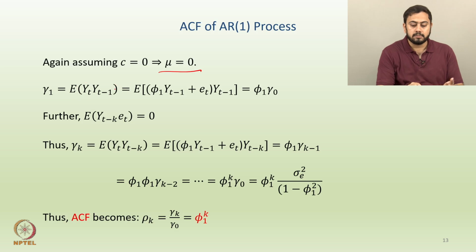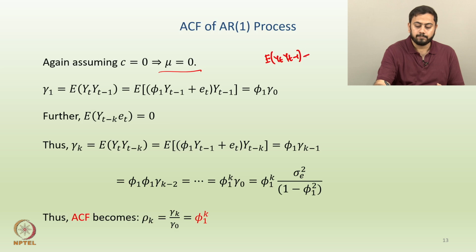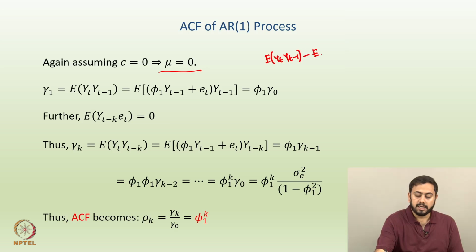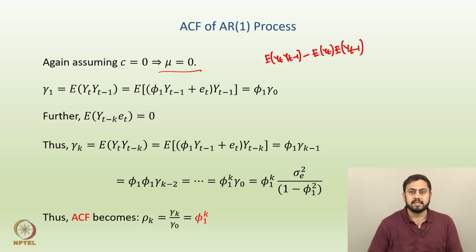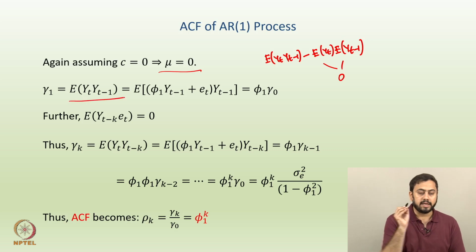The covariance is expectation of yt and yt minus 1, minus expectation of yt into expectation of yt minus 1. This is the exact formula for covariance, but under the assumption that both these means are 0, the covariance at lag 1, which is gamma 1, essentially reduces to that thing.